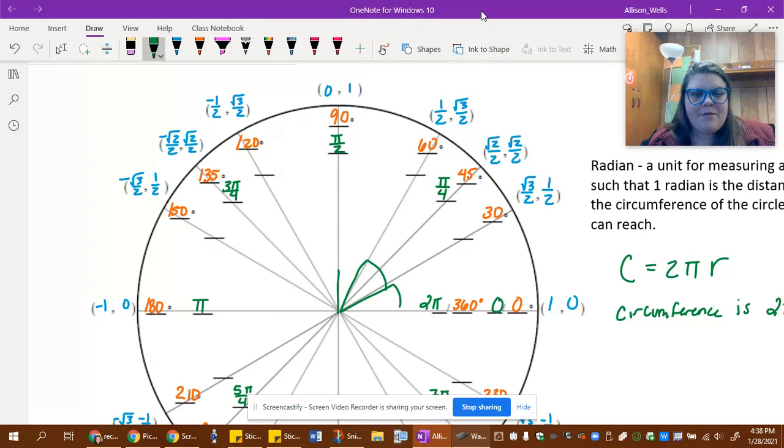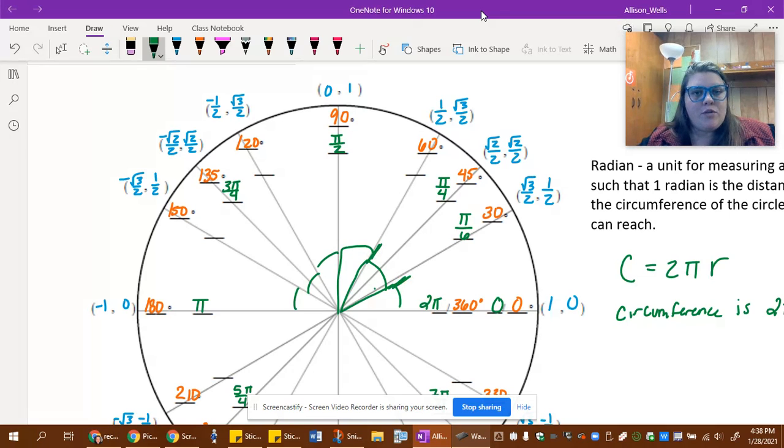There's 1, 2, 3, 4, 5, 6. The reason I counted was because if you have 6 equal pieces per pi, then each one is 1/6 of a pi, because there's 6 of them, so pi over 6. And then I'm going to do the exact same thing where we just count up how many sixths we have. So this is 1.